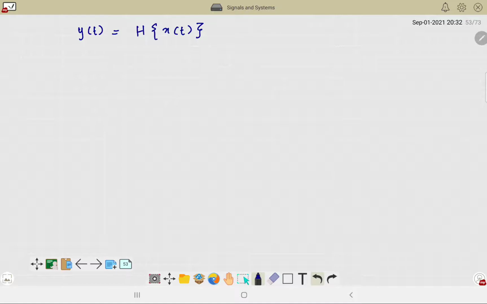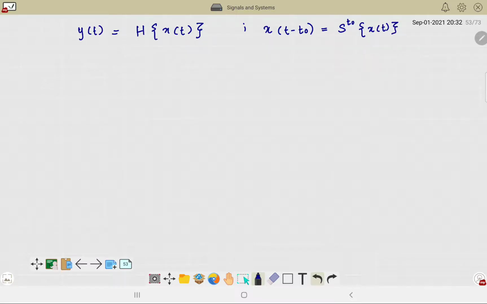Now if I have another input which is shifted in time, say x of t minus t naught, this is basically S of t naught acting on x of t.